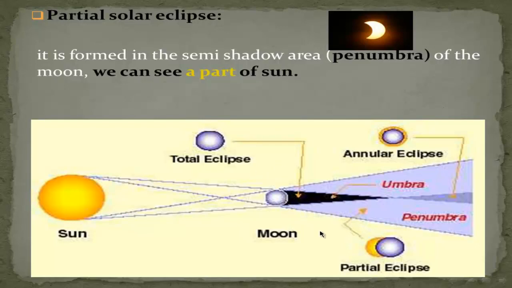When it moves and becomes in the penumbra, it forms a partial solar eclipse. So, partial solar eclipse is formed in the penumbra shadow. How can we see the sun in this type? We can see a part of the sun in this type. Okay?